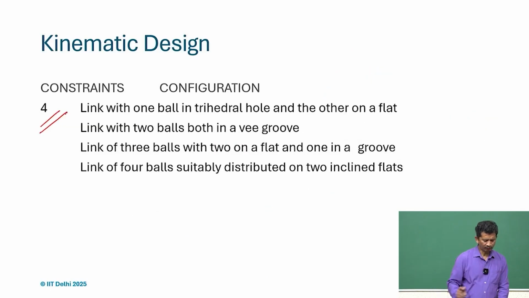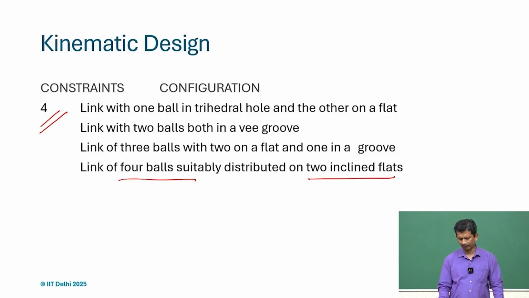What about if you keep on increasing the number of contacts, or if you want to have connections with more constraints? For instance, if you want to have 4 constraints, we can have 4 balls suitably distributed on 2 inclined flats.